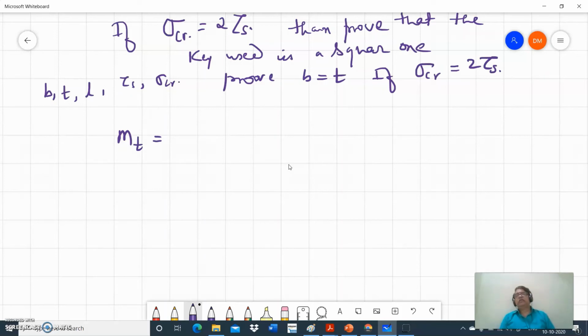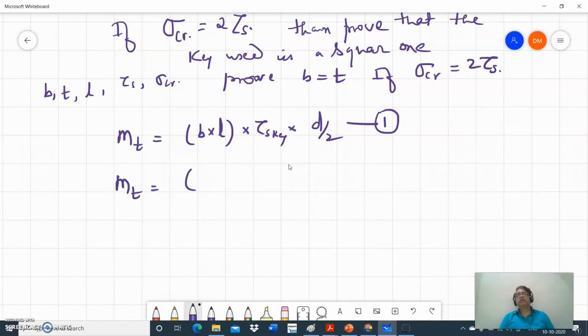The torque based on shear is equal to the area in shear, B into L, into tau S for the key, shear stress, into D upon 2. This is equation 1. Similarly, the torque based on crushing is T by 2 into L, the area in crushing, into sigma CR for the key into D upon 2.